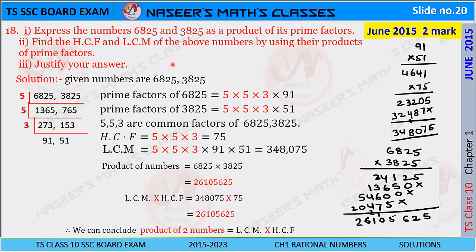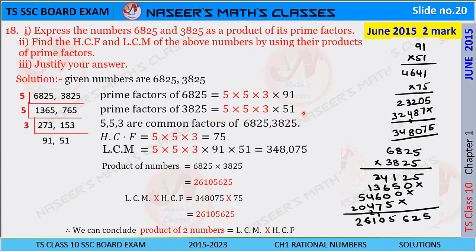So first, write the given numbers, that are 6825 and 3825. First of all, we find the prime factors of 6825 as 5 into 5 into 3 into 91, and the prime factors of 3825 as 5 into 5 into 3 into 51.